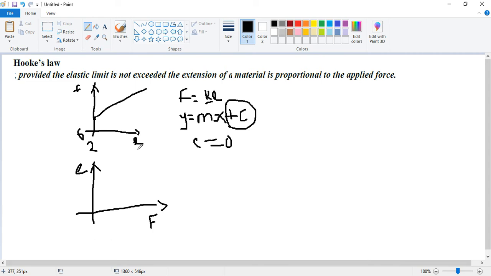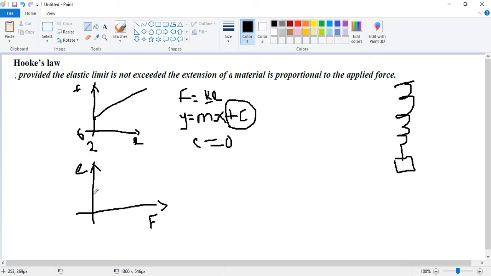When you want extensions of a material, you are the one adding masses, or adding loads on the spring. So the loads you are adding are the forces. When you add a load, that is a force. The presence of a force will change the extension. So the extension depends on the change in the force. So the force is the independent variable and the extension is the dependent variable.